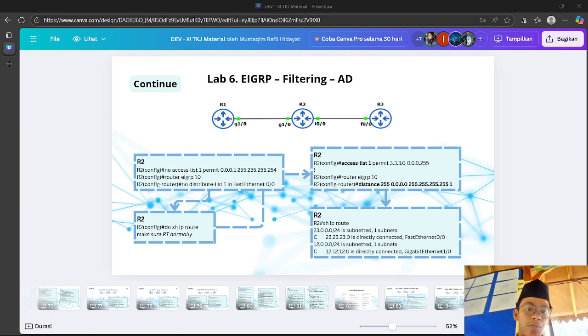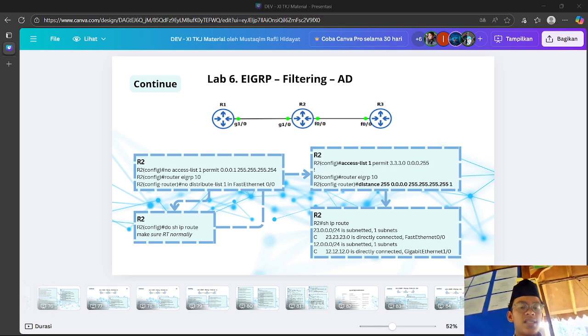The topology we use in here is the same as before in lab 3, lab 4, and lab 5. We didn't change any topology. We just continue from the topology before.